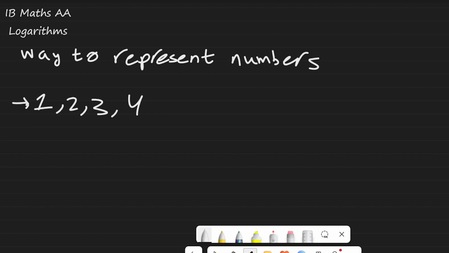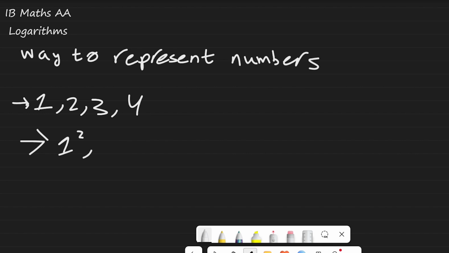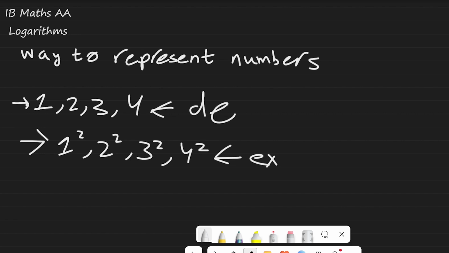Another way could be 1 power 2, 2 power 2, 3 power 2, 4 power 2. This is exponential. Okay, this can be said denary.